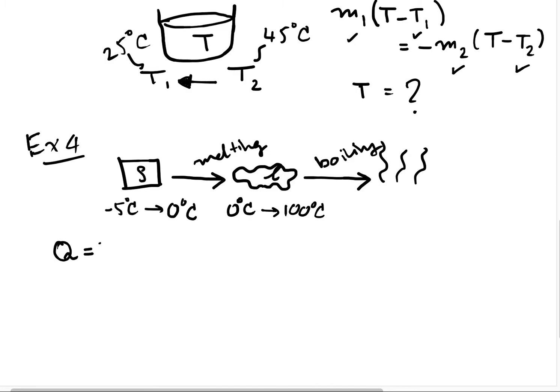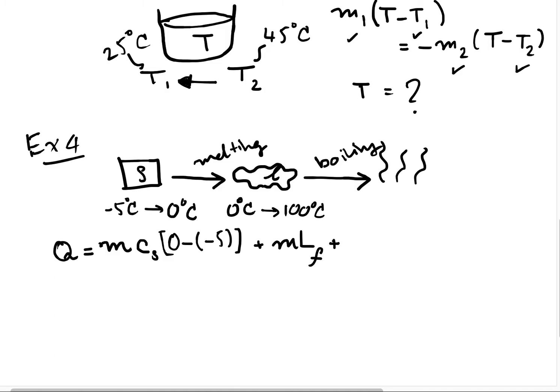If I look at the total heat of all the processes, we begin with the first process, heating the ice with the same mass, and we use the specific heat C for the solid, and the temperature change 0 minus -5. After that we do Q equals mL, in this case using LF.